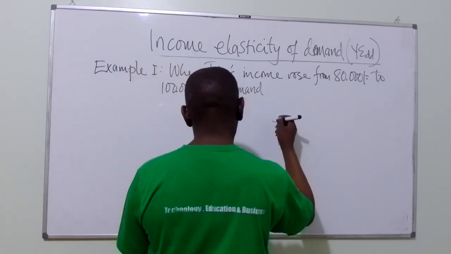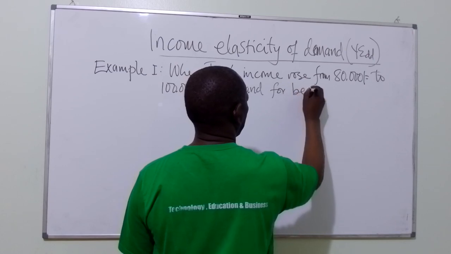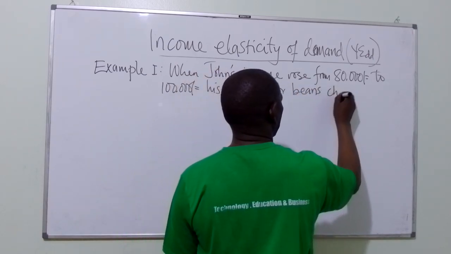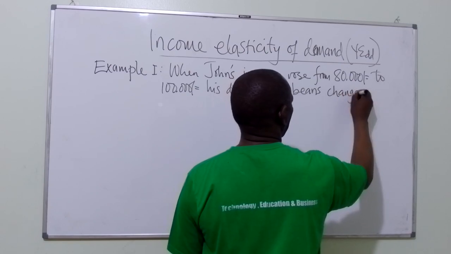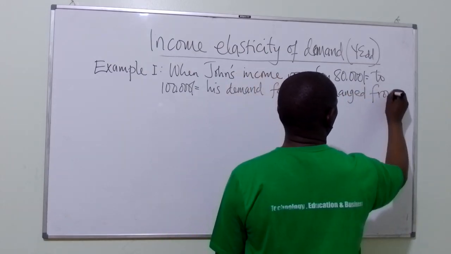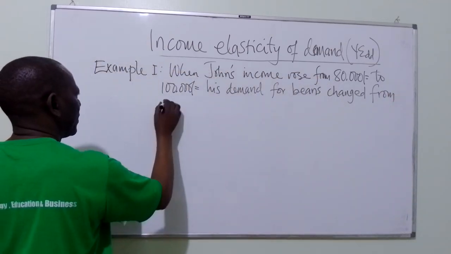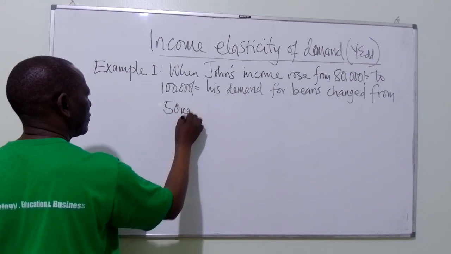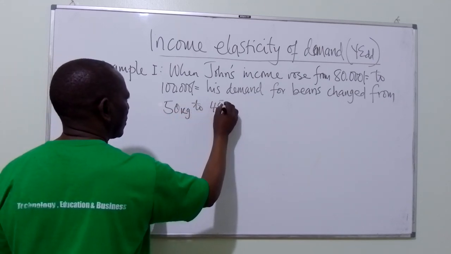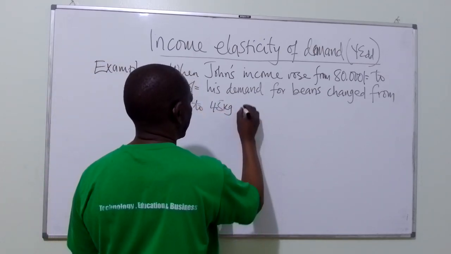His demand for beans changed from 50 to 45 kilograms a month.